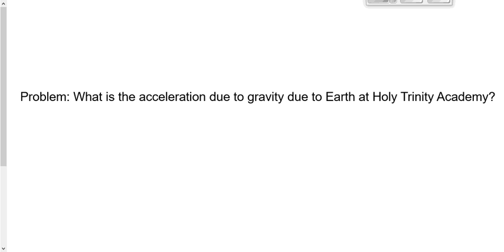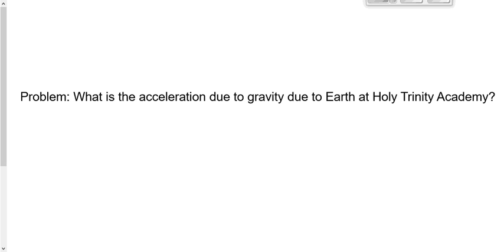Now, we always have a problem in a lab, and the problem is always phrased in the form of a question, and it needs to be specific. Because the value of acceleration due to gravity changes with location, we're going to be specific in saying, what is the acceleration due to gravity on Earth at Holy Trinity Academy, at HTA? It's different at HTA than it is in Vancouver.